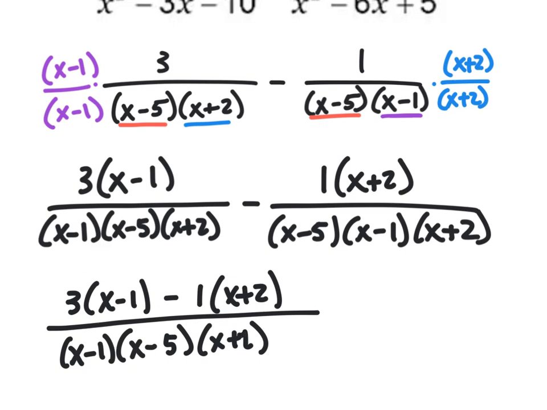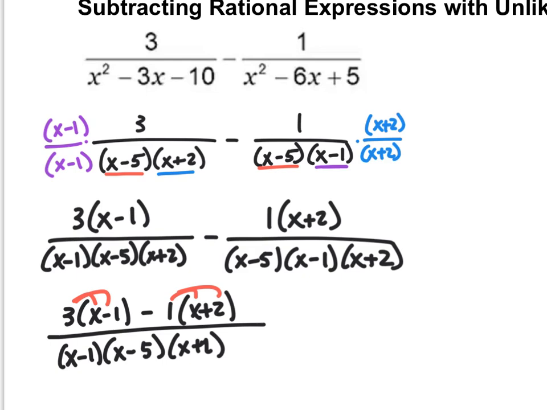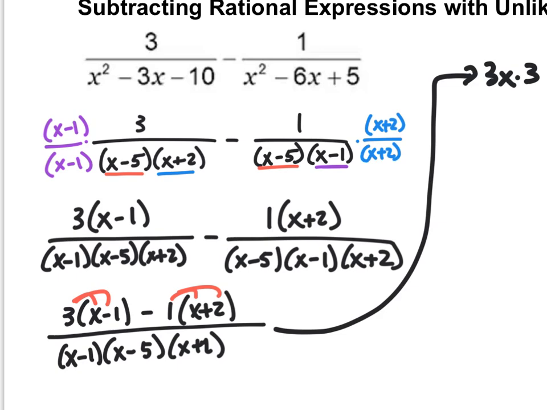Let me distribute my 3 here, and let me distribute my negative 1 as well. Let me zoom out a little bit and write up here. All right, so I've got 3 times x minus 1, which is going to just give me 3x minus 3 up top.